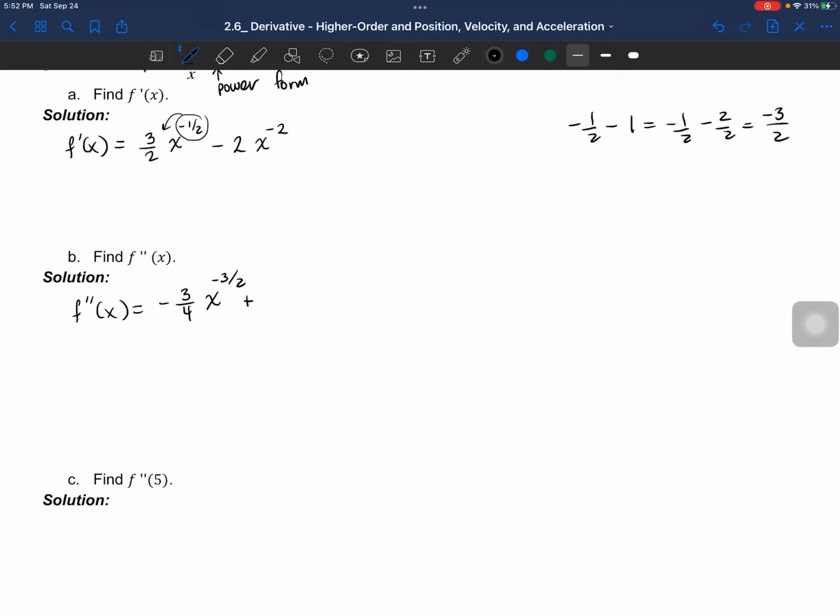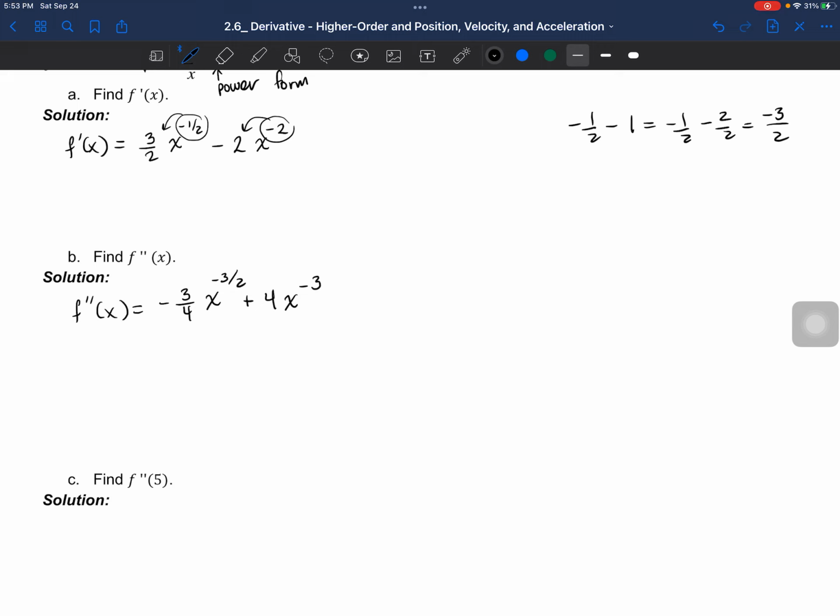And then minus 2, so bring down the power, using the power rule, we'll have -2 times -2, which becomes +4 times x, and then take away 1 from -2. Again, -2 minus 1 is going to be -3. And there you go.